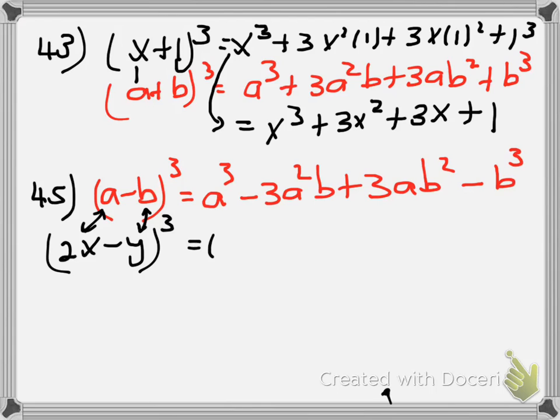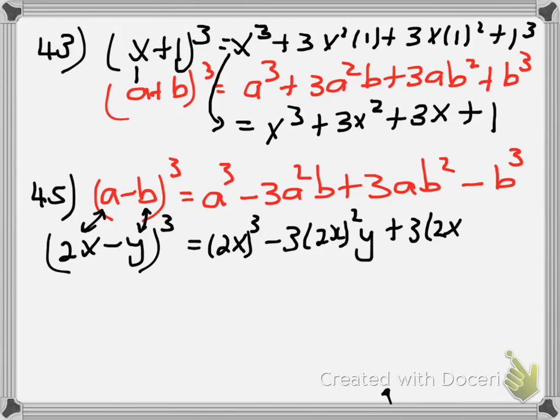So we have 2x cubed minus 3 times 2x squared times y plus 3 times 2x times y squared minus y cubed.